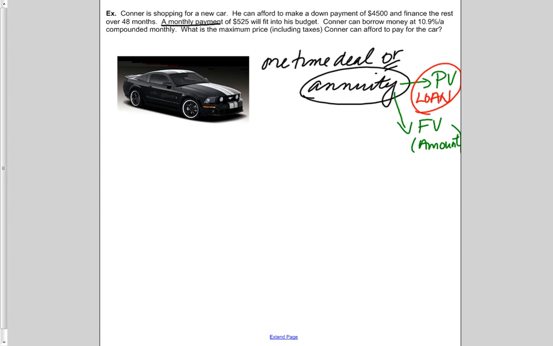He can have regular payments of $525. He can borrow money at 10.9% per annum compounded monthly. So the I that he can manage is that. He is willing to pay, or they're willing to give him perhaps, 48 monthly payments.